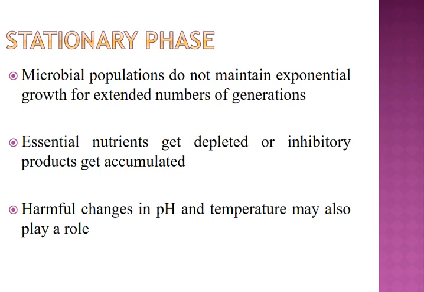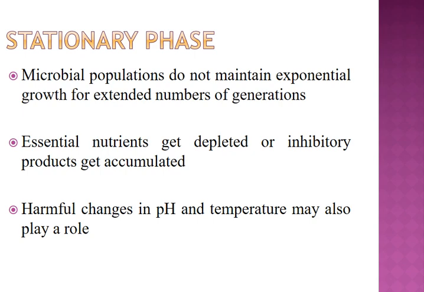Therefore there doesn't occur a net increase in cell number as in log phase. In log phase there occurs a very great increase in the cell number, but during stationary phase there is no net increase in cell number, and the reasons could be that essential nutrients get depleted, or there may be accumulation of inhibitory products.